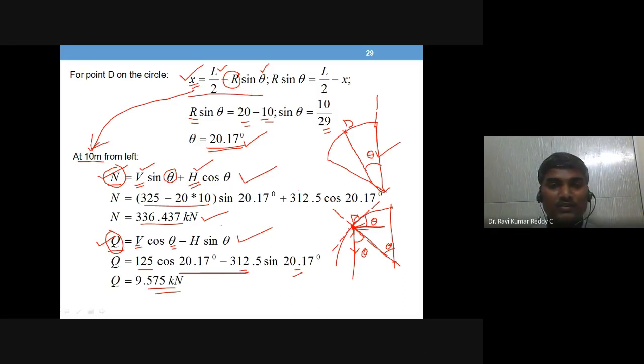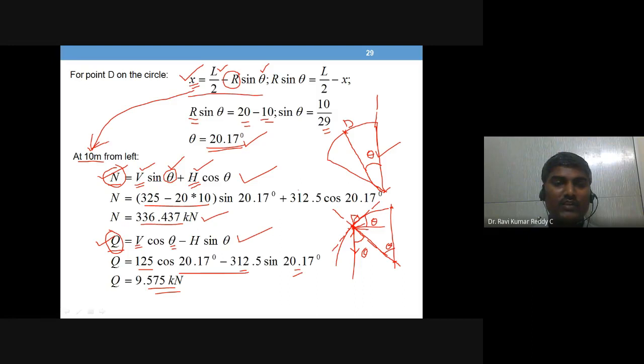Okay, so I'll just brief it once again, how to find the normal thrust and radial shear. So firstly, you need to write the expressions, equations for N and Q. Then you need to find the load quantities required in the equations and then the geometric quantities required in the equation.